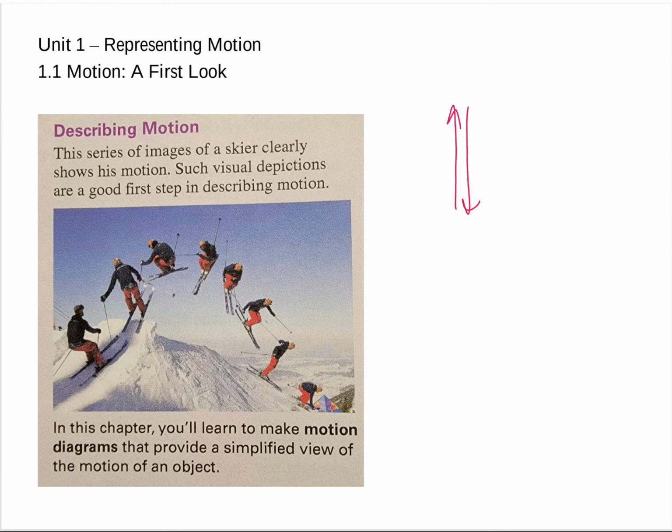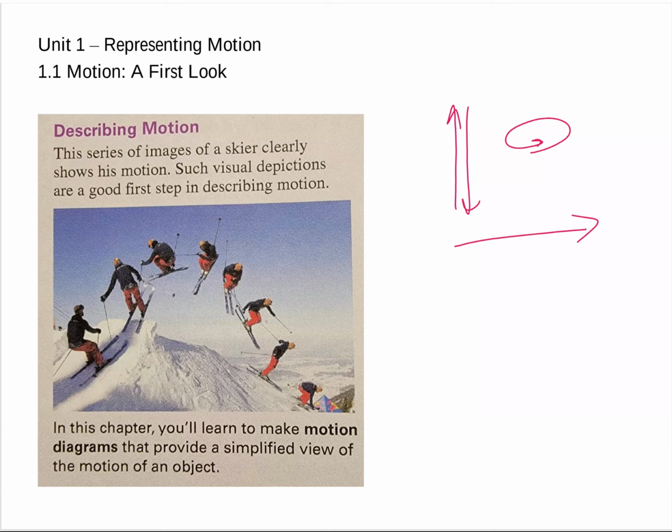We have that the skier rotated around. And then we have him going forward. The skier also was going this way. So we have three different motions of the skier going on in this one thing, okay? Through this series of pictures all kind of stacked up on one picture, okay?